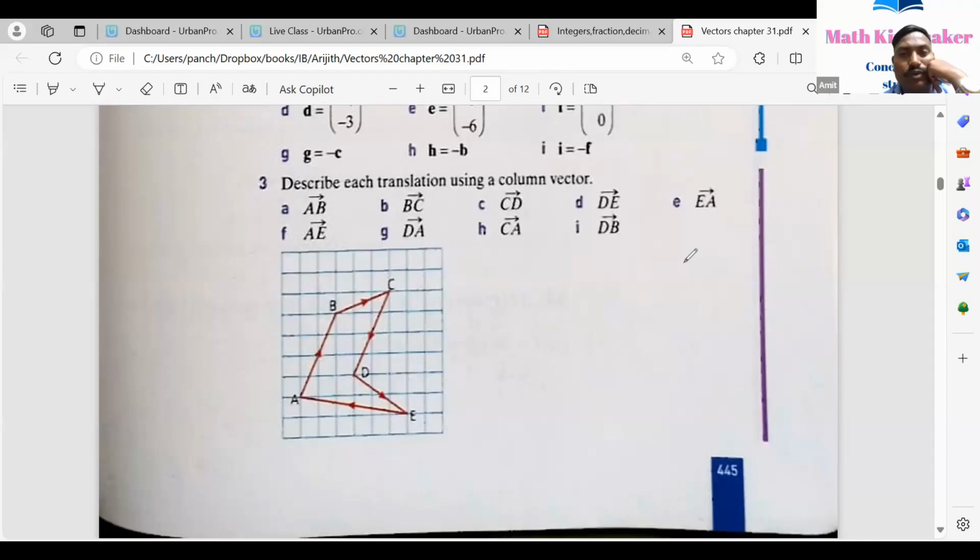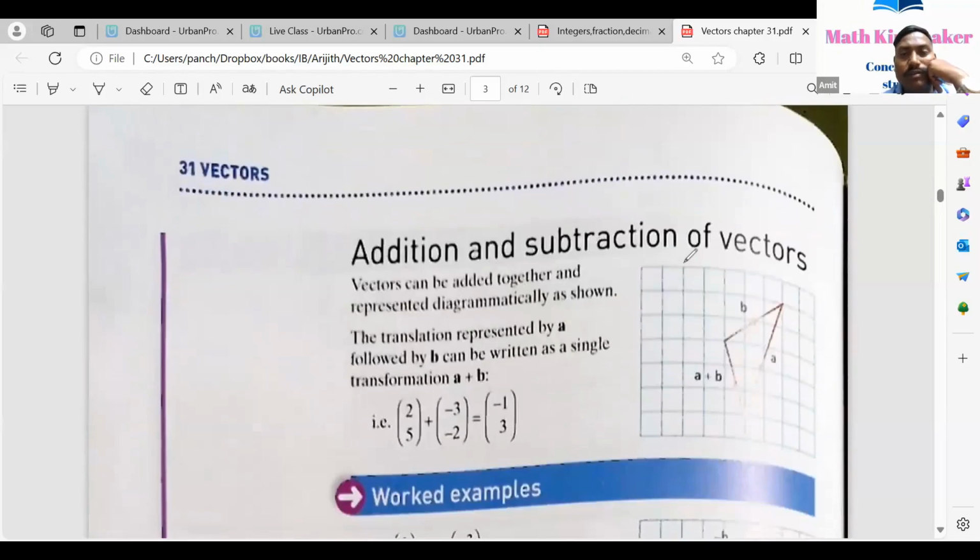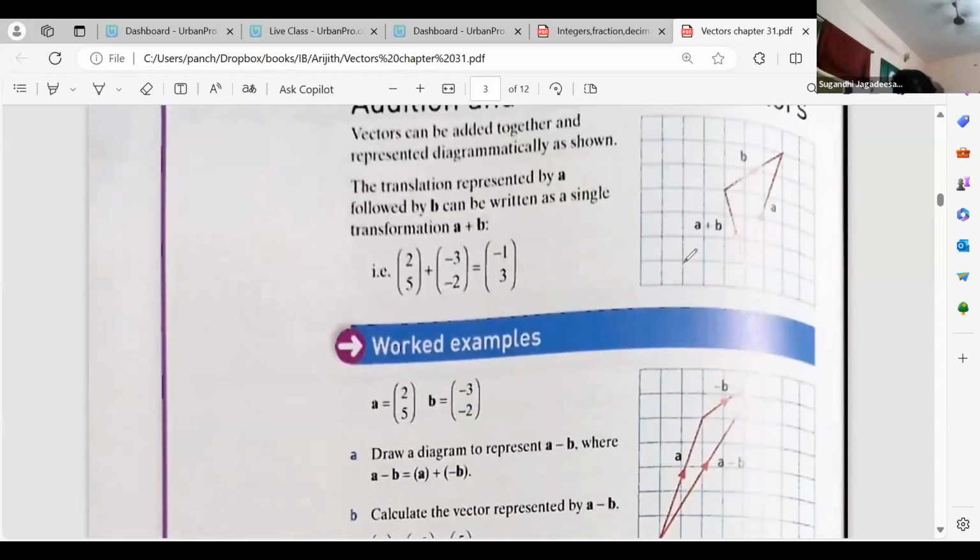Okay. So likewise, now addition and subtraction of vectors, but that is very simple. X will be added and Y will be added. Got it? Yes, sir.